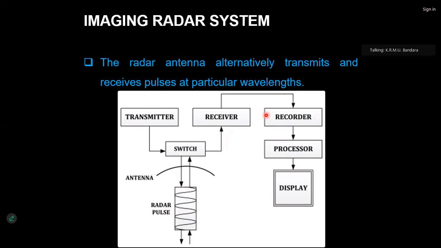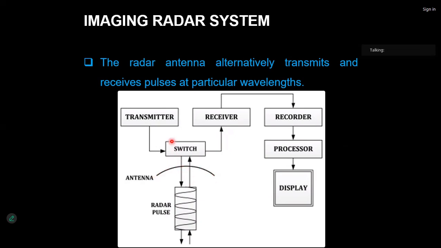Okay, this is the radar antenna, how it is working. This is the transmitter. There is a circular switch here. When the transmitter is on, the receiver is off. Transmitter on means the radar pulse is sending. This is the radar pulse sent to the ground by the antenna.